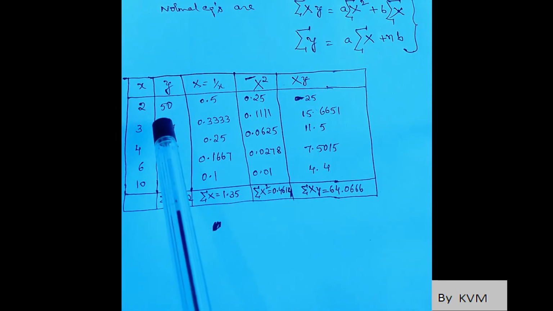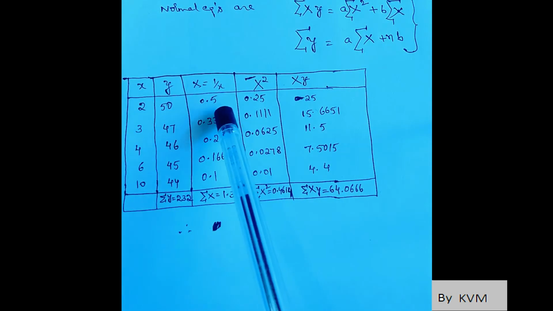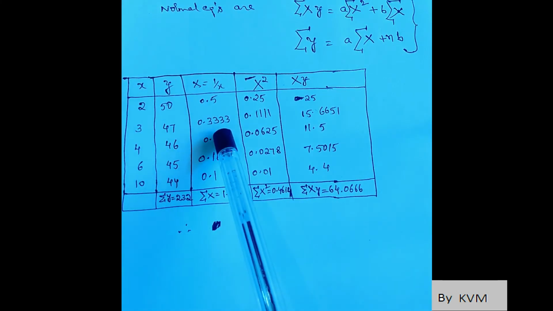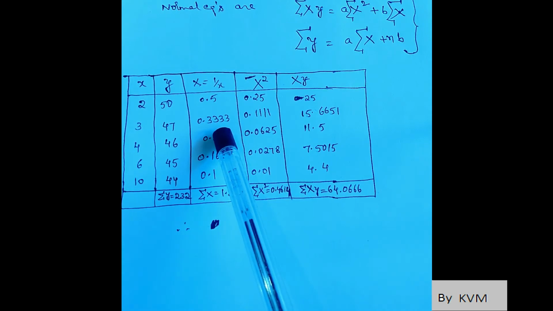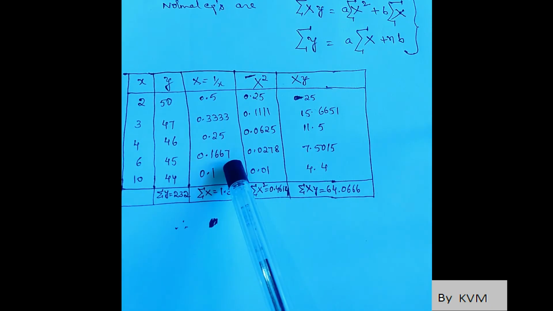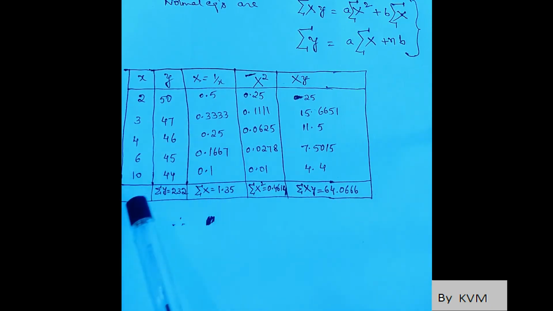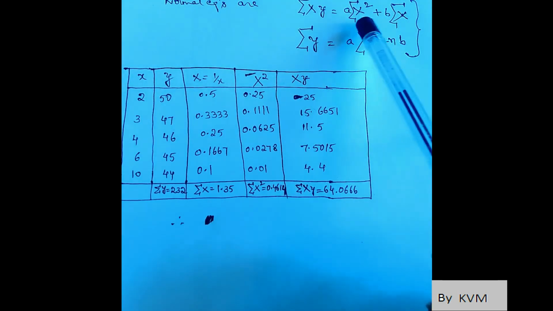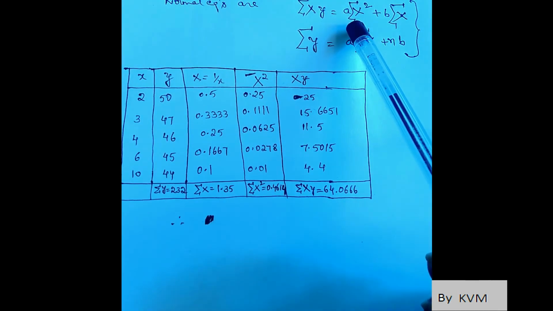So if x is 2, capital X is 0.5. If x is 3, capital X is 0.3333. If x is 4, capital X is 0.25. If x is 6, capital X is 0.1667. If x is 10, capital X is 0.1. Then from the first normal equation, we have to find sigma capital X square.